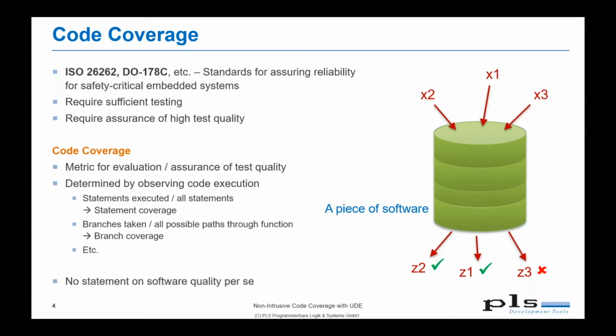There are different levels of code coverage. The simplest one is the statement coverage, which gives you the ratio between the executed statements or instructions and the statements or instructions in a module or in a function. But the statement coverage doesn't tell you anything about conditions in your code.